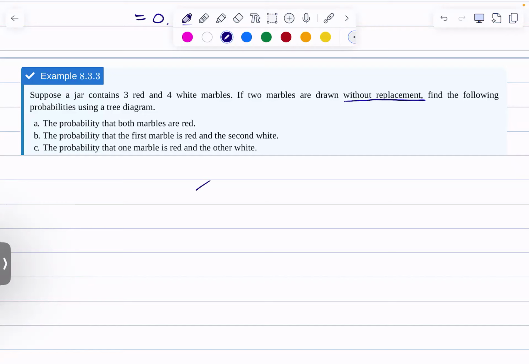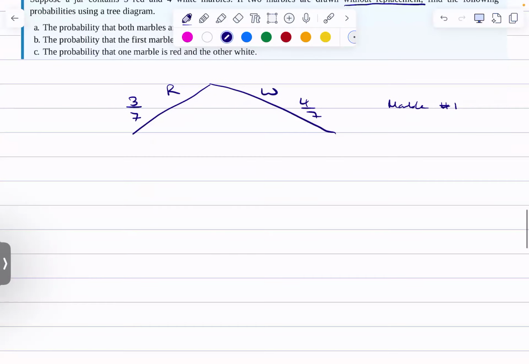let's draw our general bag of marbles. That should be a red and a white marble. And there's 3 out of 7 or 4 out of 7. It's marble number 1. Without replacement, we decided that, okay, well, let's keep track of this because now I only have 6 marbles, right?